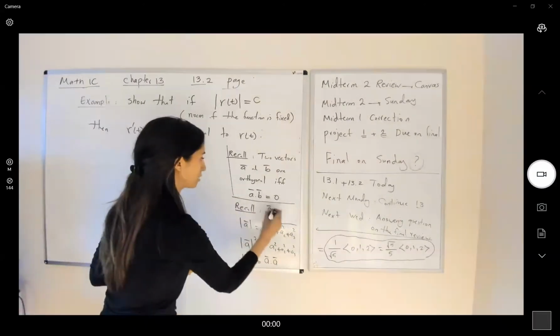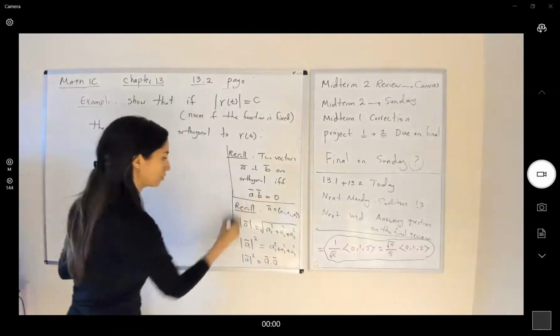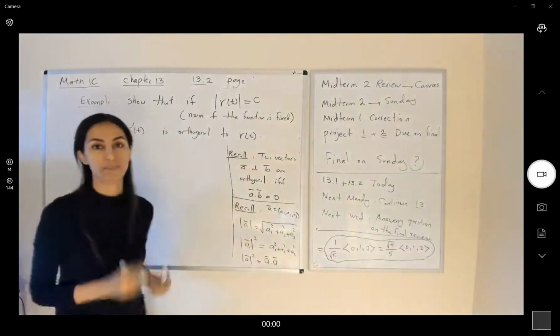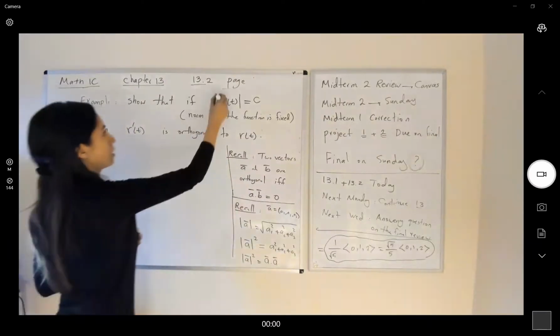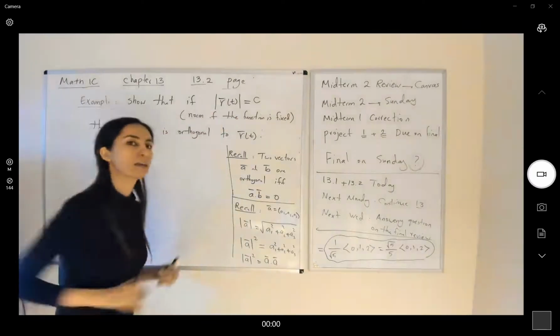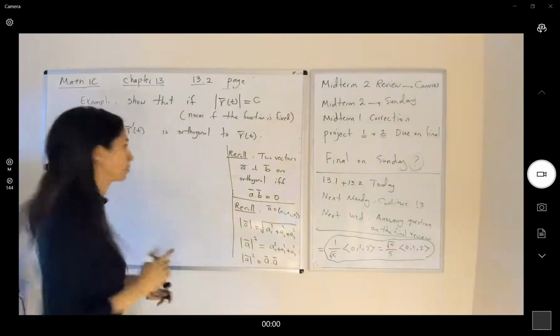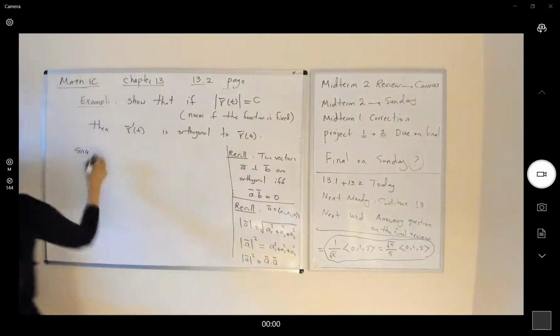So this is my vector, A1, A2, A3. I'm going to use these two facts that I already know. What I have here, I know that I have a vector with a fixed magnitude. So I'm going to use this fact here.